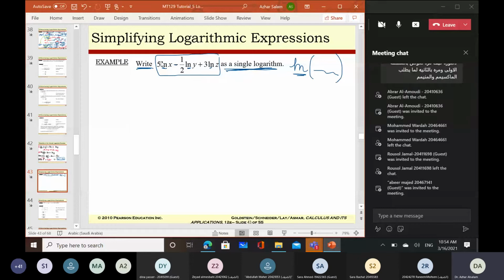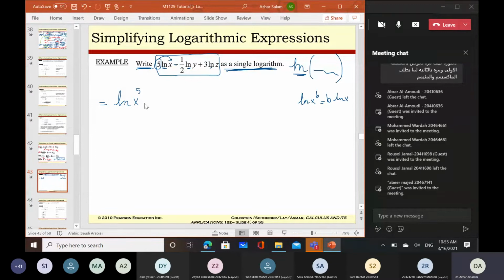I also have some numbers multiplied by ln, so I will use ln x to the power b equals b ln x. Here I have 5 ln x, I can write it as ln x to the power 5. When I have a number multiplied by the logarithm, I can take this number and return it as an exponent, or the opposite: when it is an exponent, I can bring it down in front of the logarithm.